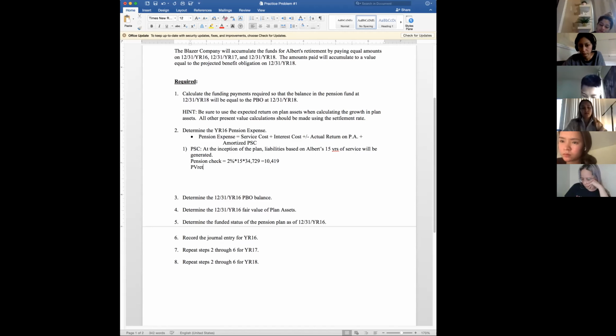Present value at time of retirement will be based on the interest rate. We'll use the settlement rate, other than the case where we calculate the rate of return on plan asset. So the interest rate that we use will be 8%. Number of periods: in the first present value calculation, the number of periods is the number of retirement checks to be paid to Albert.